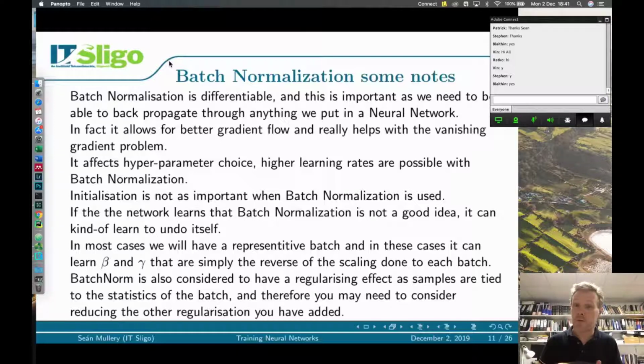That can be a little bit of a problem. Batch norm can to some extent cause a little bit of underfitting, simply because a lot of people add a lot of regularization, and there are other forms that we're going to show you in a minute, and people throw all of these things at the network without realizing that they all have an effect on the regularization, and you maybe need to tone some of it back because you're using these techniques for other reasons.